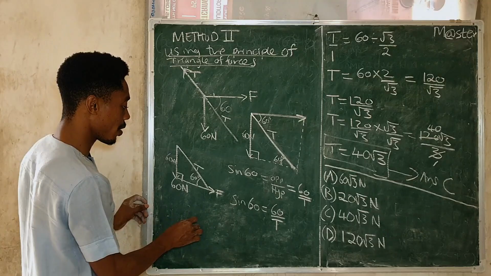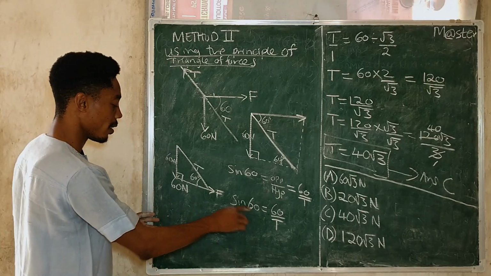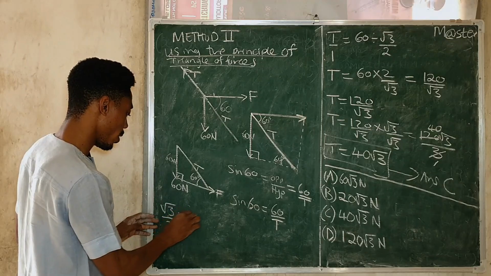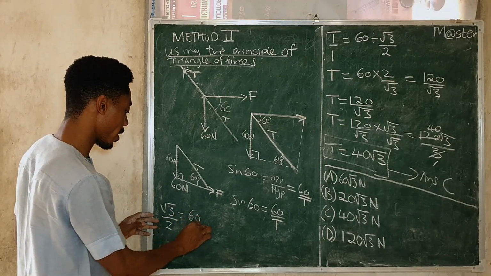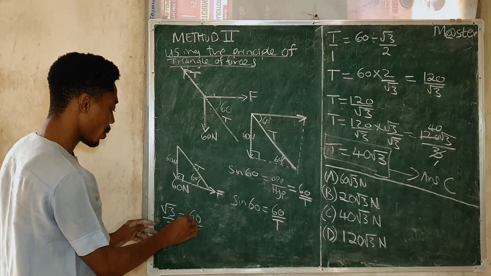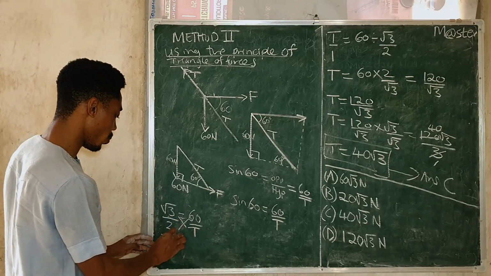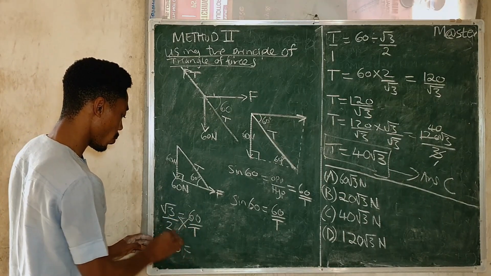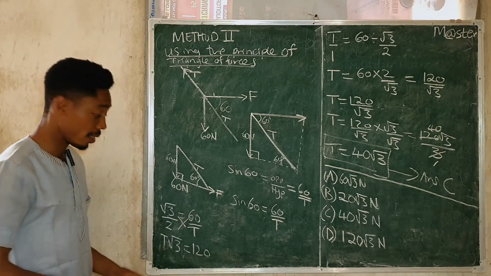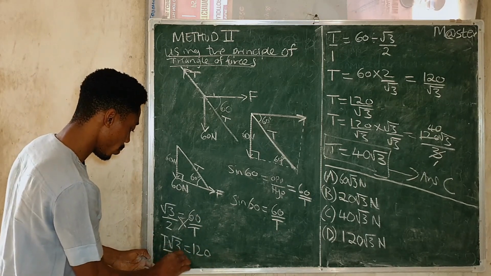So sine 60 equals 60 all over T. So this now gives me sine 60 is root 3 all over 2 equals 60 all over tension. I cross multiply from there. When I cross multiply, I have T root 3 equals 2 times 60 is 120. To find T, I'll divide both sides by root 3.